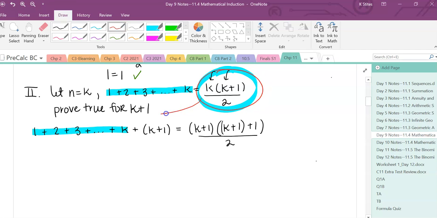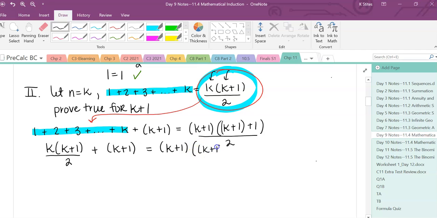So we are just going to substitute. I now have k times k plus 1 over 2. That's everything 1 through k, plus this new part, equals this part over here. And again, I know you want to simplify it. Just leave it. You're not supposed to simplify it.